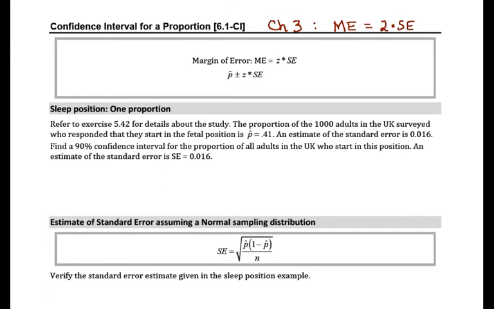Now we can generalize that and say it's not always going to be 2 that we use here. We're going to fill in whatever the critical value is and say not just approximately bell-shaped, but an approximately normal sampling distribution. And so instead of 2 times the standard error, we now have that the margin of error is z-star times the standard error.